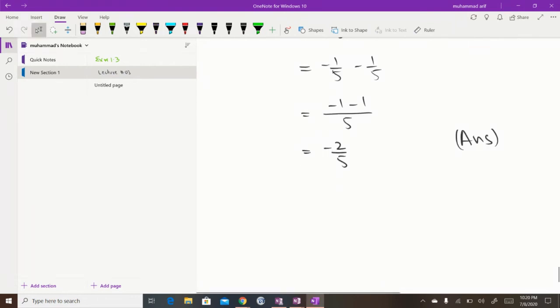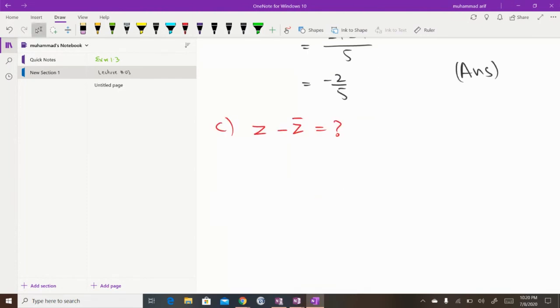Similarly, we see the third part, which is z minus z conjugate. Here we are to calculate z minus z conjugate, as z is negative 1 by 5, negative 11 by 10 iota, and z conjugate is negative 1 by 5, positive 11 by 10 iota.